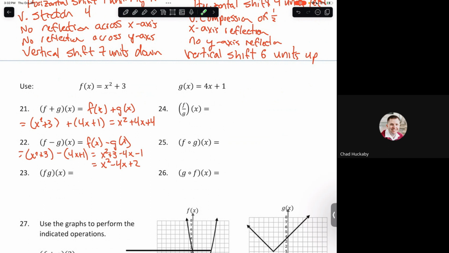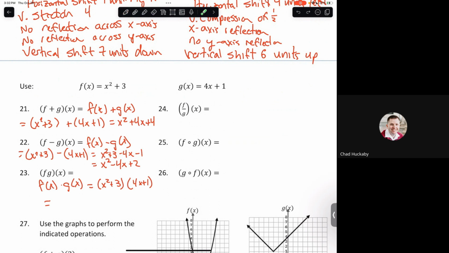What about f times g of x? Well, that's f of x times g of x, which is x squared plus 3 times 4x plus 1. And so we use the distributive property and double distribute.